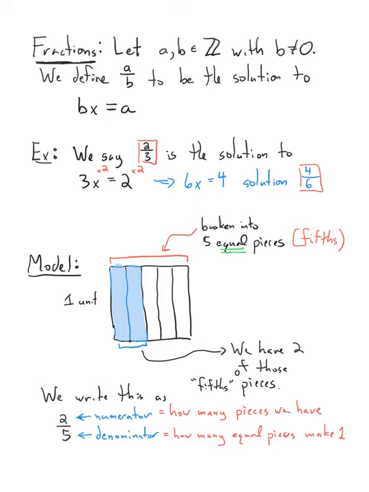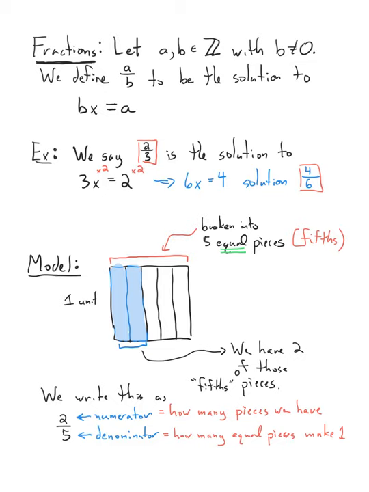That's important. So I can say I have 5 of the exact same thing that make up 1 unit. So in this case, I break up my unit into 5 equal pieces. We'll call them fifths. And let's say I want the quantity of having 2 of those pieces. So I have 2 of these fifths pieces, so you could say I have 2 fifths.